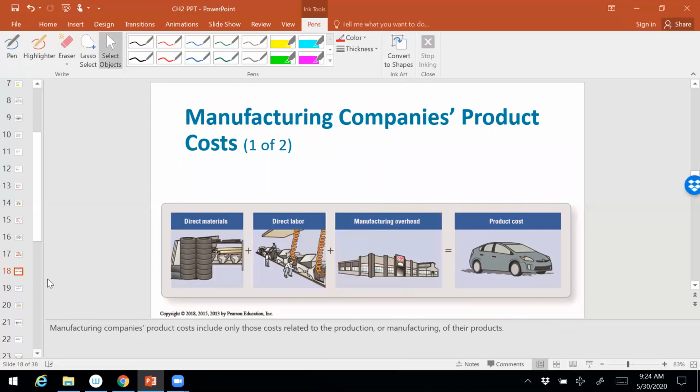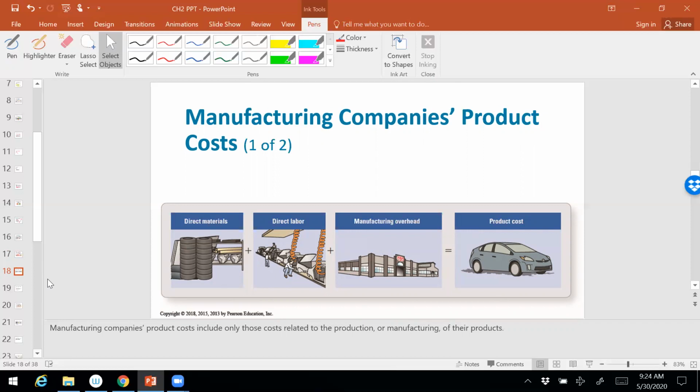Next one, we talk about manufacturing, right? We talked about service. All of this is period cost. We talked about merchandising. We said part is product cost, part is period cost. So we talk about manufacturing. Manufacturing is the last one.